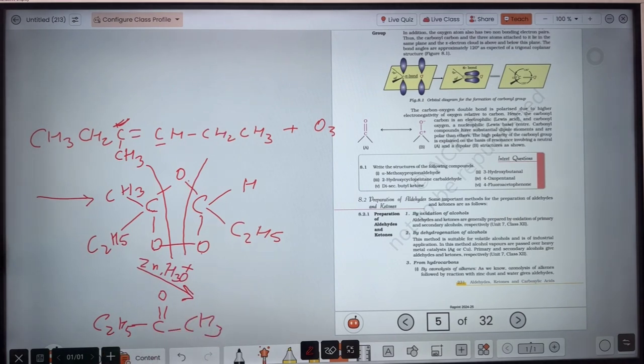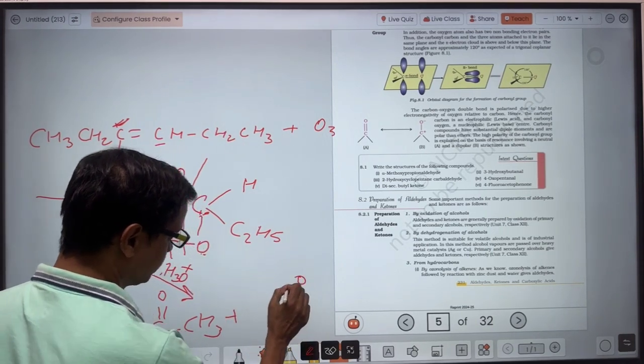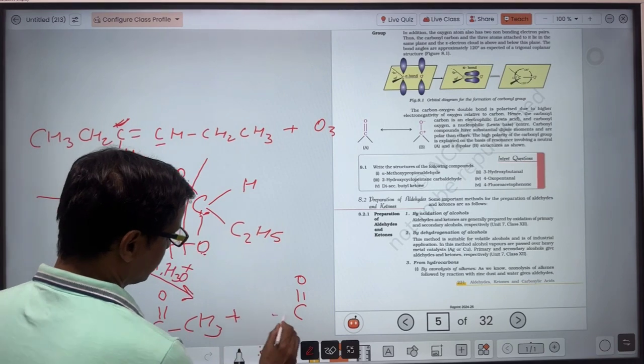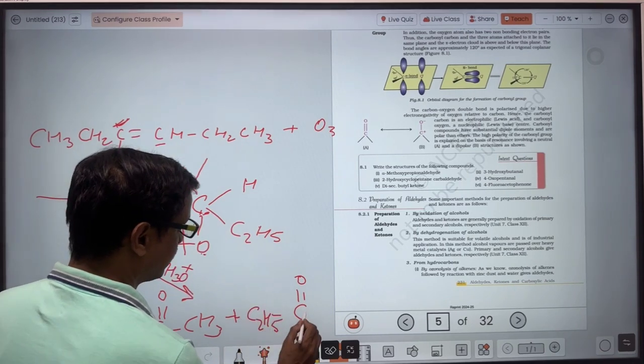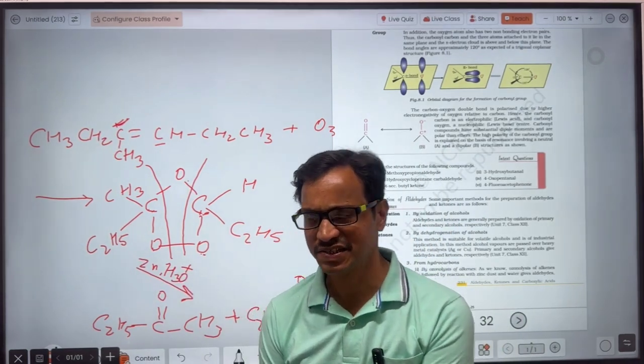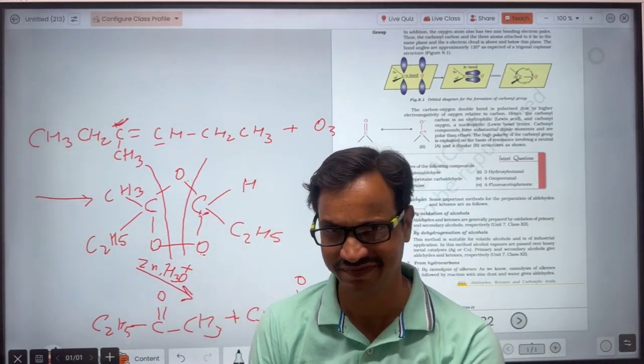And in this compound, this oxygen will do double bond formation here. Then one side there is ethyl, another side is hydrogen. So in this compound there is formation of an aldehyde as well as a ketone.